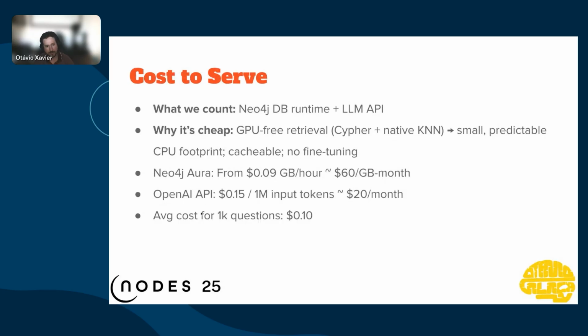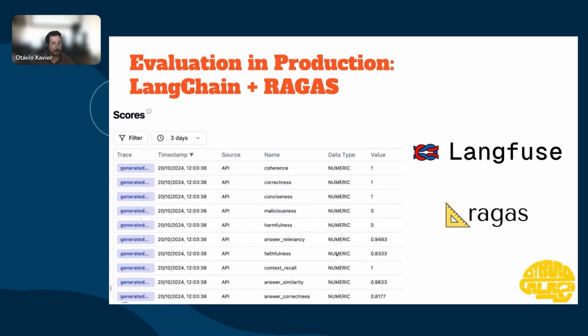I've also used the OpenAI API, which is really cheap, like 15 cents for 1 million tokens, which, if you have thousands of queries per day, will be less than $20 per month. The average cost for 1,000 questions is around 10 cents, in summary.